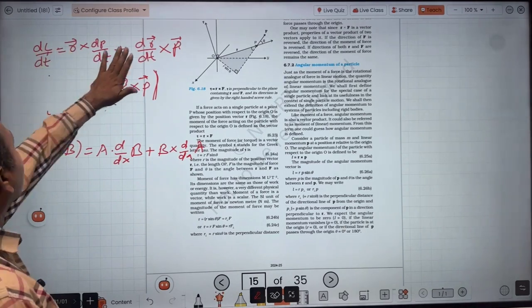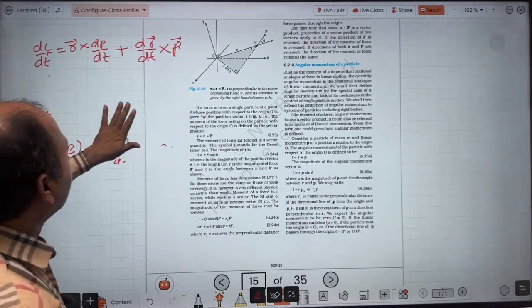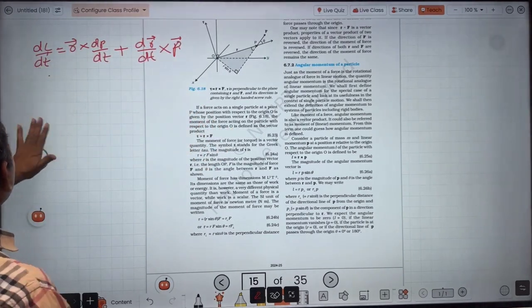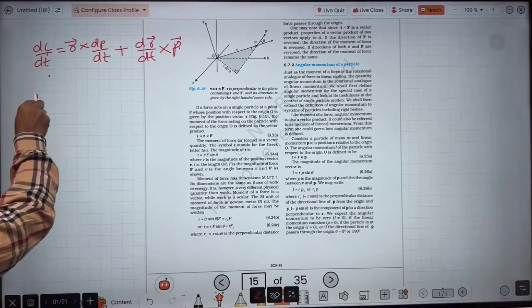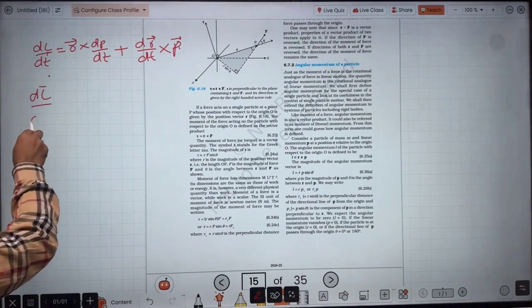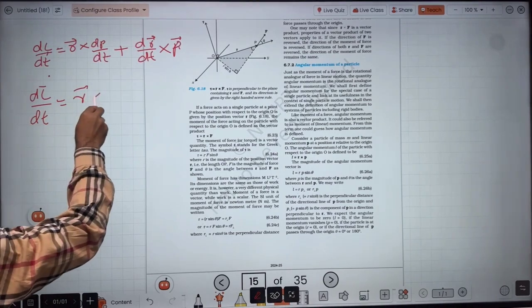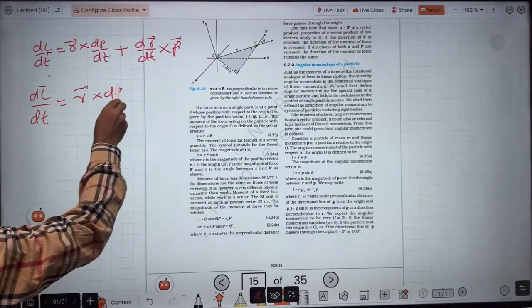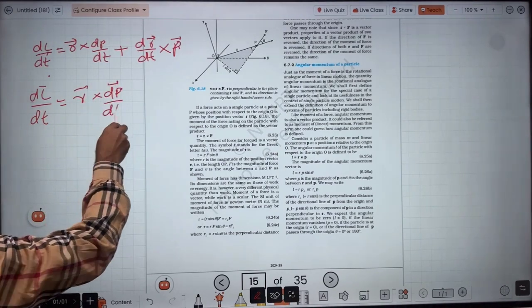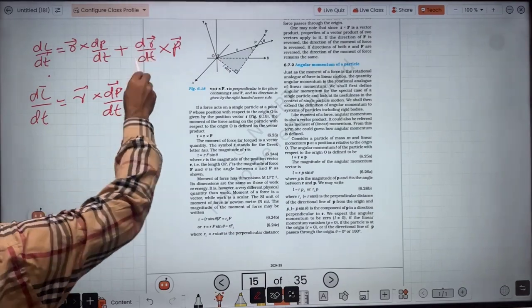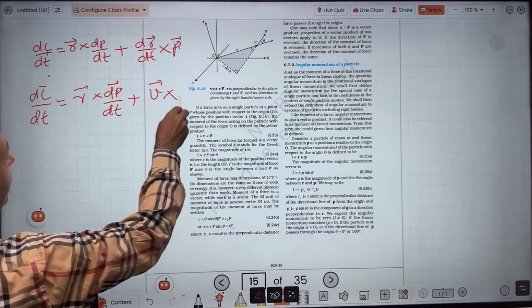Now we just evaluate it. So dL upon dt will be equal to R cross dp upon dt plus dr upon dt, which is v, cross p.